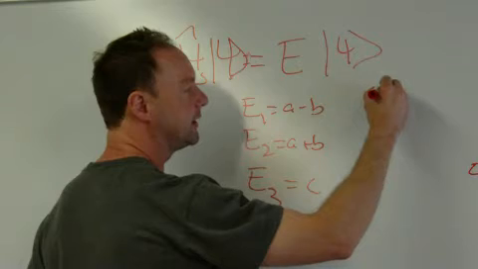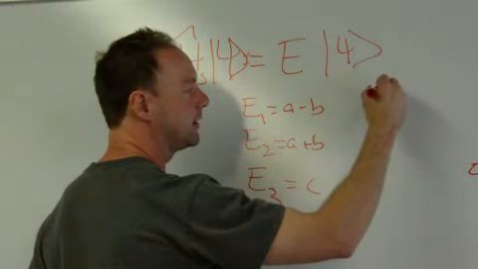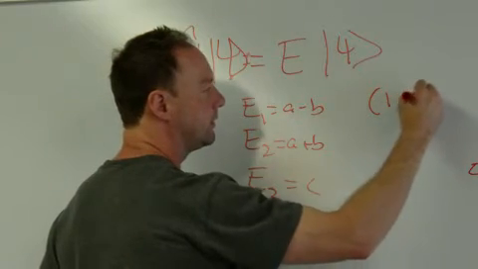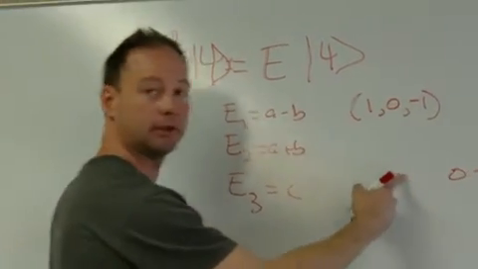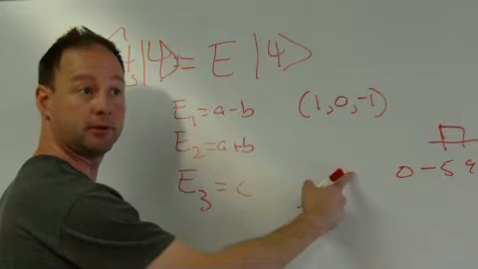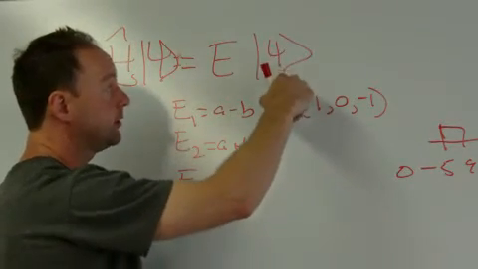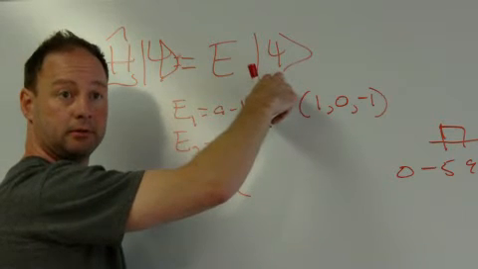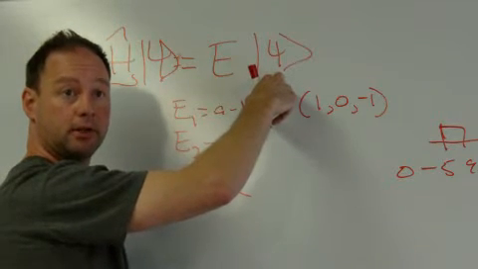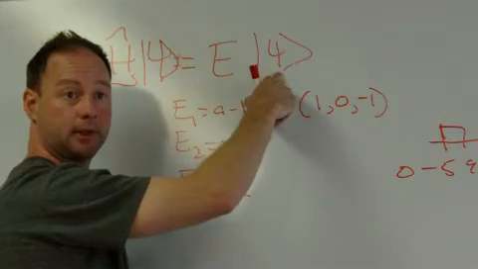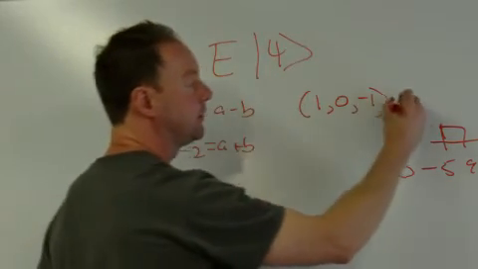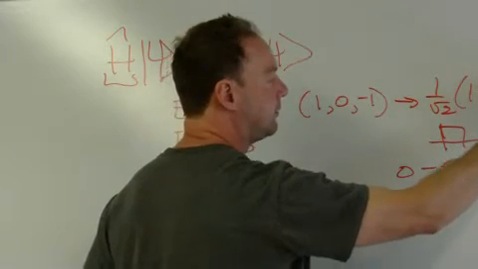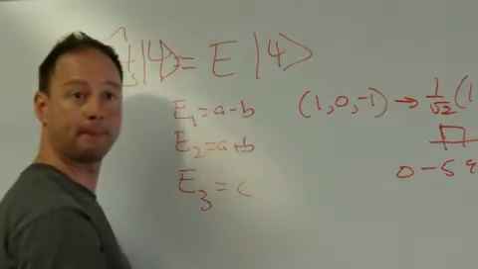So the eigenfunction that came out for this, or the eigenket, was 1, 0, minus 1, right? But remember, it's got to be this. So now remember, when we solve Schrodinger's equation, we get the stationary state solutions, right? And those stationary state solutions have to be normalized. So this becomes 1 over radical 2, 1, 0, minus 1, right?